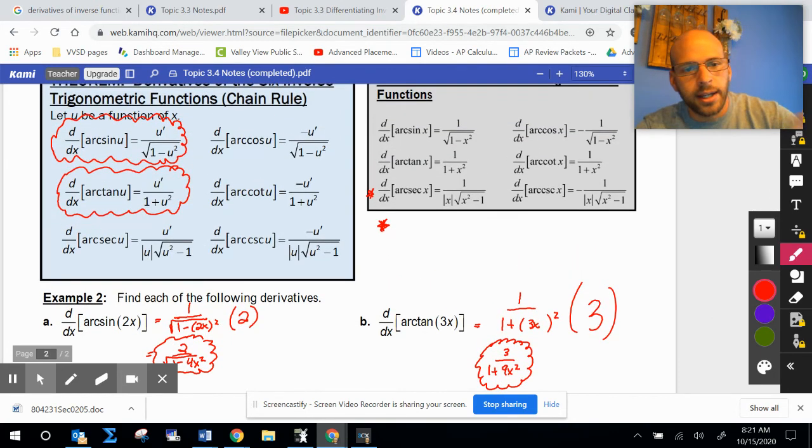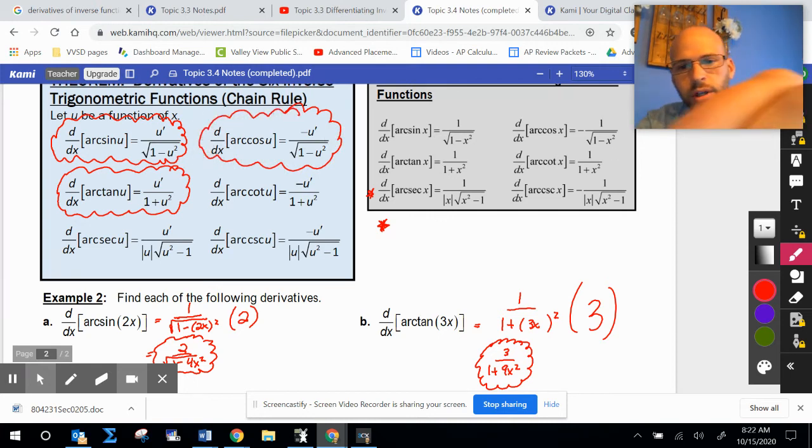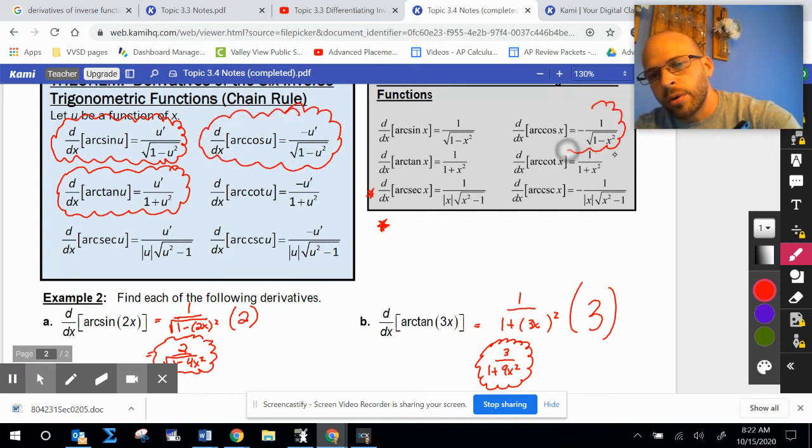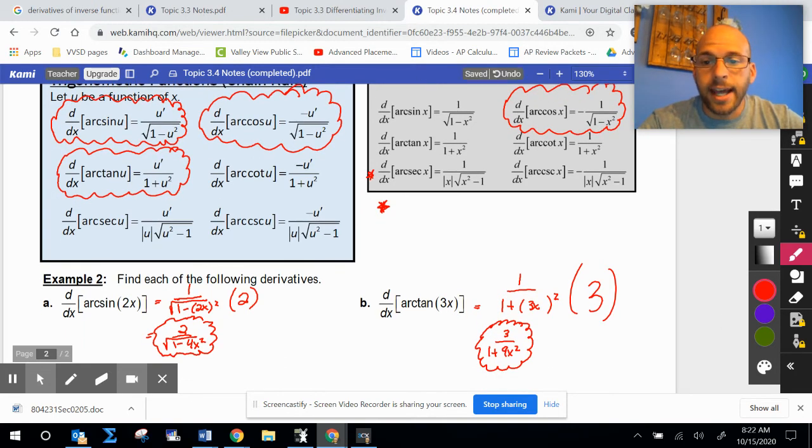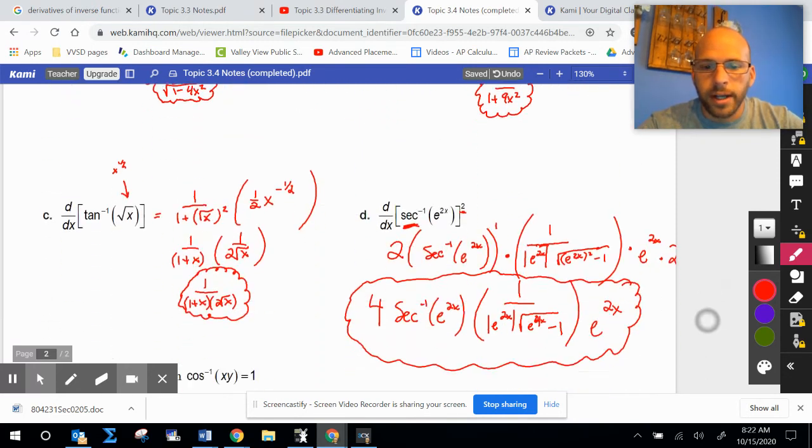So cosine, I want you to take a look here, all right, and you can see the original formula, 1 over, then it's negative. Be very careful. I have a negative out front. 1 over the square root of 1 minus x squared.